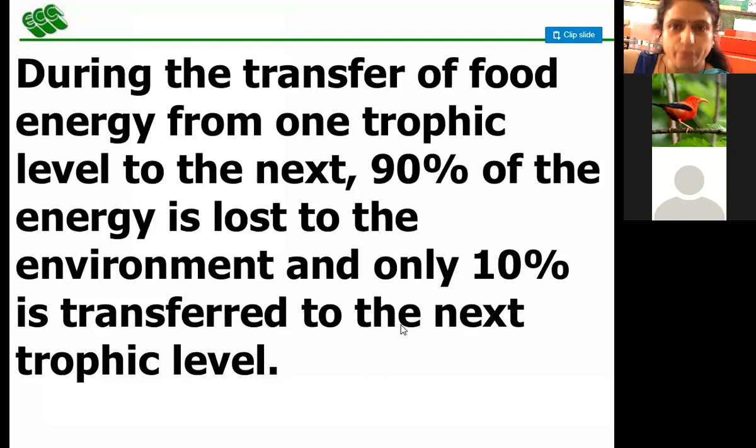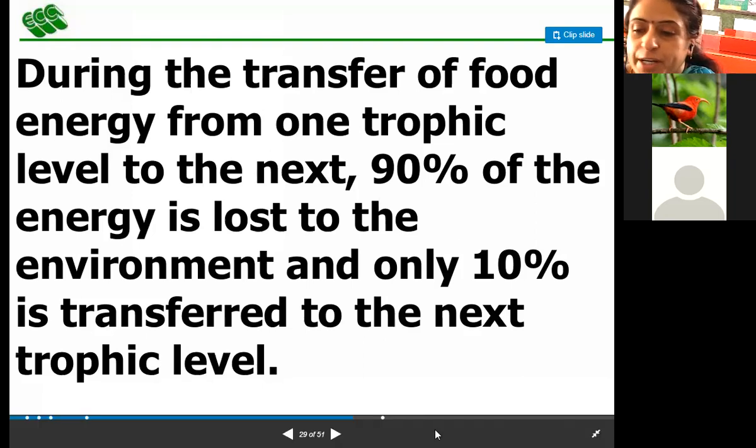Along with the rainwater, it flushed into this lake. So the pesticide entered into the food chain. Which food chain? The pond food chain. Let me show you.